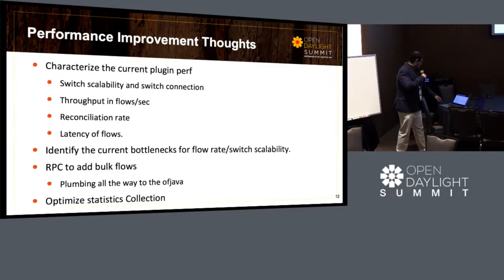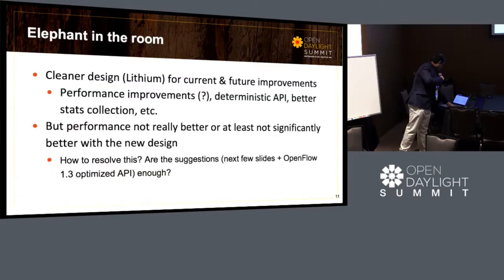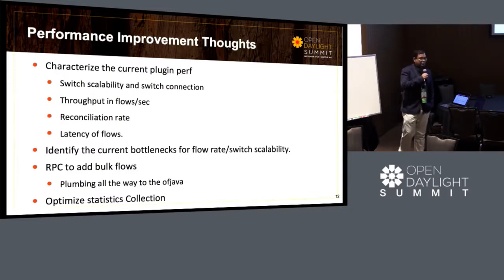So as Abhijit mentioned, for ensuring the performance improvements, one of the first things that we are planning to do is characterize the current plugin performance, as in what it is as of today, so that we know where we have to move and what numbers we are looking at.